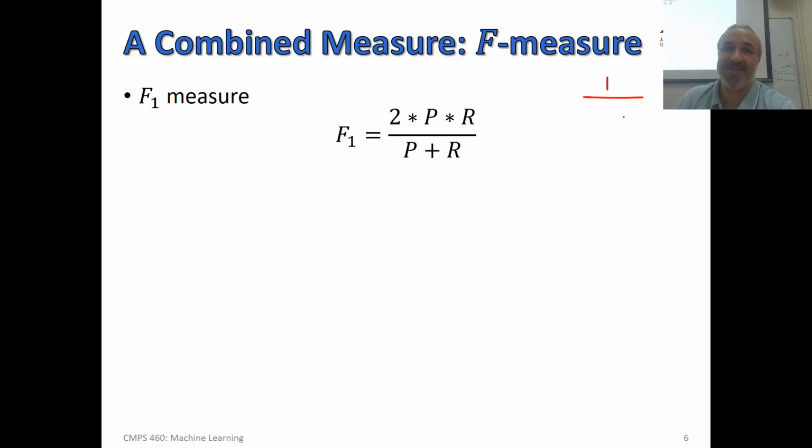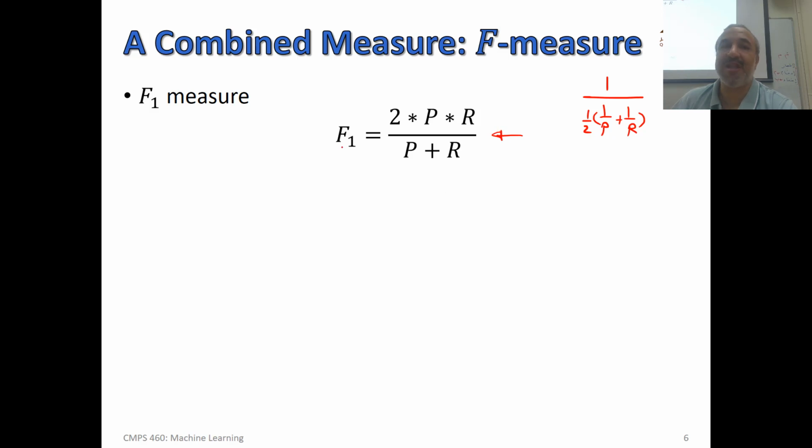So we have precision and recall here, right? The average of the inverse of them: you take the inverse of each one, so 1 over P plus 1 over R, over 2. That's the average of the inverse, and the harmonic mean is the inverse of that.